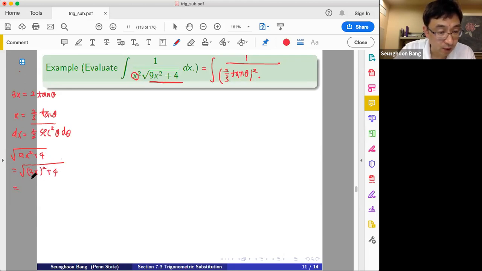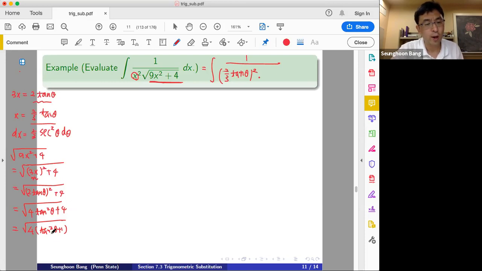We can replace 3x with 2 tangent theta. The square root of (2 tangent theta) squared plus 4 is the square root of 4 tangent squared plus 4, the factor of 4 times tangent squared of theta plus 1.